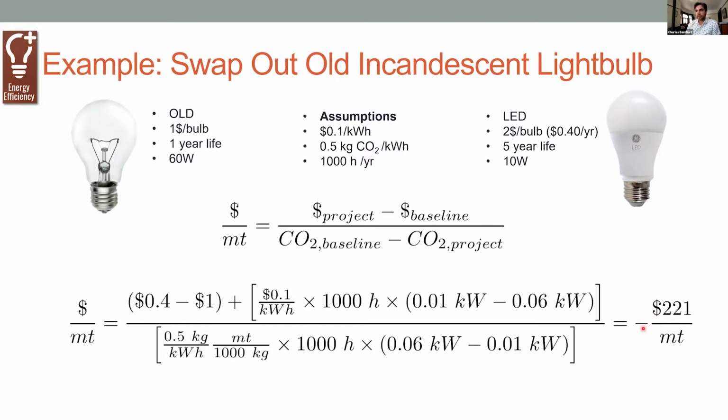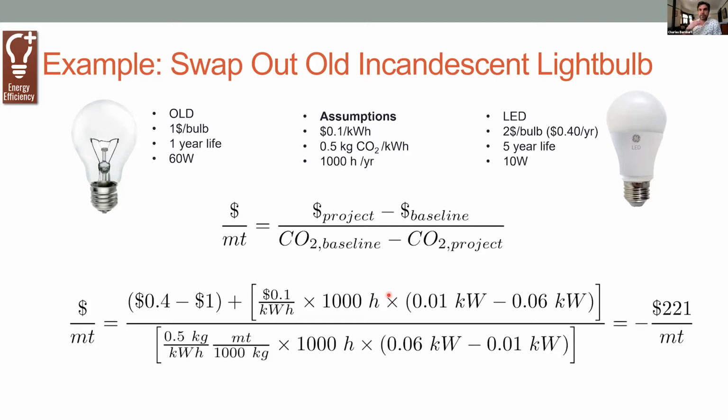I get confused whenever this thing goes negative, and everybody else does too, even the experts that invented this kind of stuff, like Joel Swisher. I asked him what happens, and he's like, yeah, the math becomes a little perverse. And he says it's because you have a ratio of two subtractions. And he said, the point is, if it's negative, just do it, right? You're making money to save carbon.